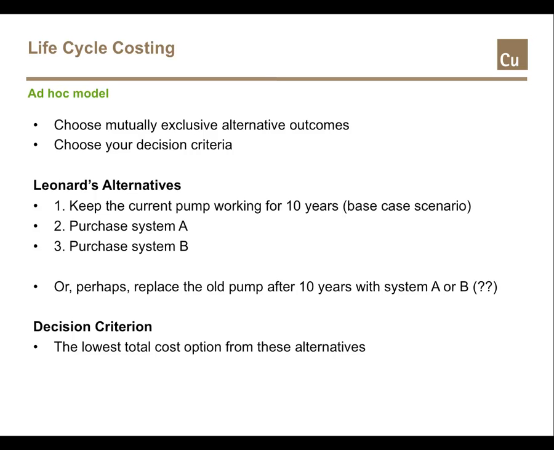It's business as usual. This is known as the base case scenario. In the ABC Petrochemicals example, the base case would be not to invest in option A or B, but to keep the old pump running for another 10 years. For his decision criterion, Leonard decides to choose the lowest total cost option from the three alternatives.